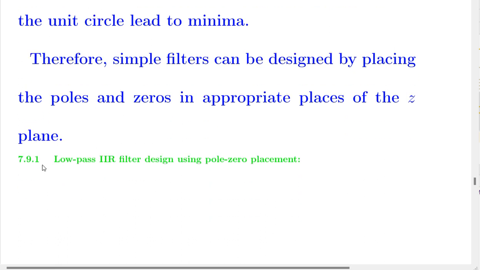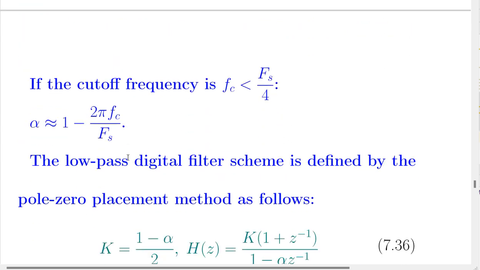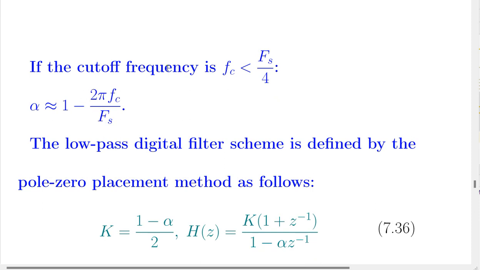Now the first: low-pass IIR filter design using pole zero placement. We are going to start low-pass design. Okay. If the cutoff frequency Fc is less than Fs over 4, we will have alpha being approximately equal to 1 minus 2 pi Fc over Fs.